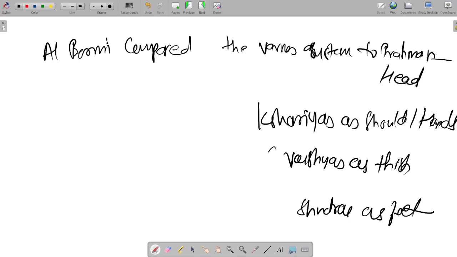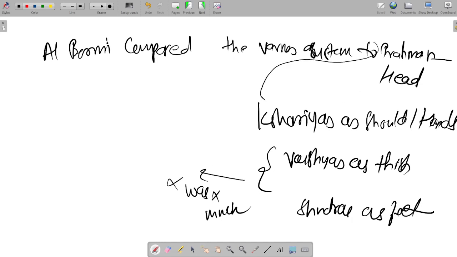The difference between Shudras and Vaishyas was not much, and between Brahmans and Kshatriyas was almost similar.